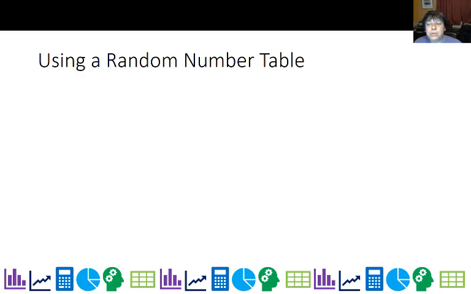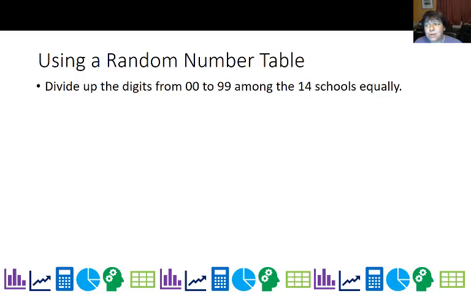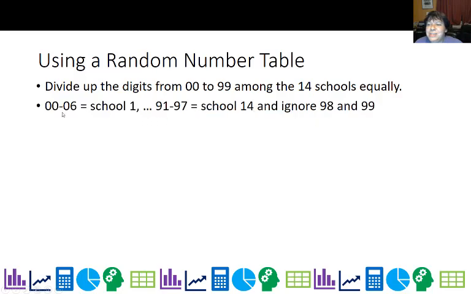Finally, a random number table. With this one, it's a little difficult because if I do 1 through 14 and use 2 digits, it's going to take a while. So what I'm going to do is actually divide the digits from 0 to 99 among the 14 schools equally. A little unorthodox, but it'll work. So I'm going to say 00 to 06 is school 1.